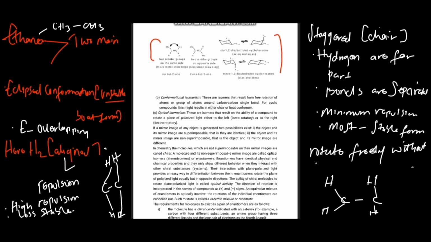So in essence, when it comes to conformational isomerism, they are the same molecule. They are just the same molecule, but there's just rotation around a single bond. And since there is rotation around a single bond, there is also a different energy level.